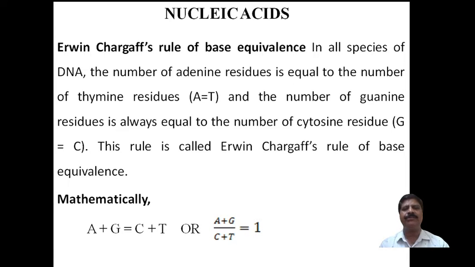Now we know that bases are of two types. Nitrogenous bases, heterocyclic nitrogenous bases, are of two types actually. One is called purine bases, another is called pyrimidine bases. A purine moiety will be present in that compound, and they are mainly adenine and guanine.